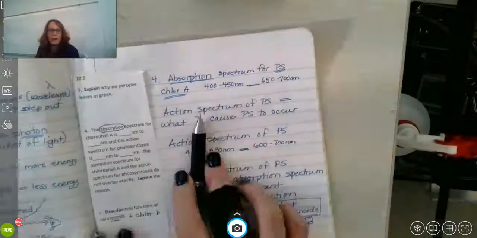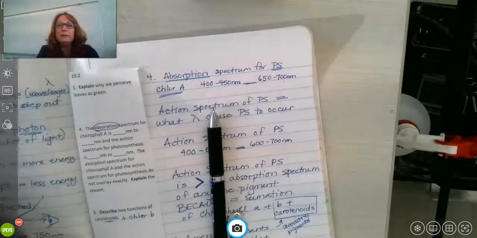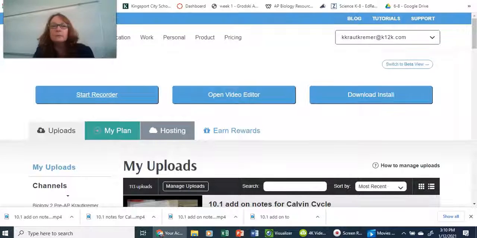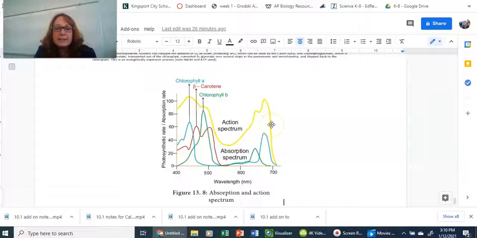And I will show you real quickly. So this is both the absorption and the action spectrums. What you can see is they have a way to measure. The absorption will be all of these, and they're telling you chlorophyll A is the one in blue.